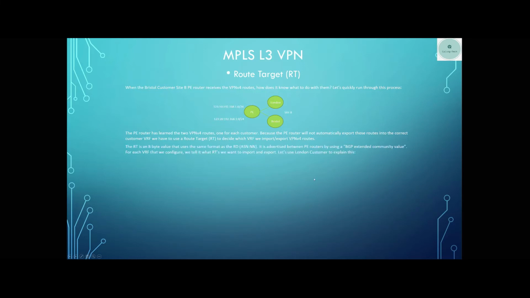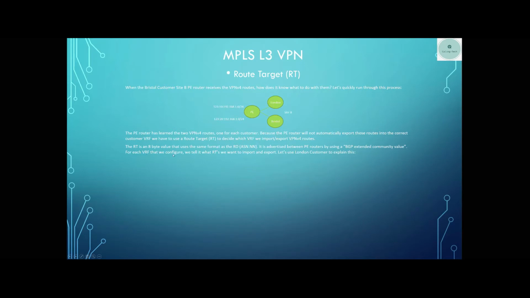So the route target is also an 8-byte value. It uses the same format as the route distinguisher. Okay, so the ASN, the autonomous system number of the ISP, and the NN number, which is a number you choose again. It's advertised between PE routers by using a BGP extended community value, and we'll go through that when we do the configuration.